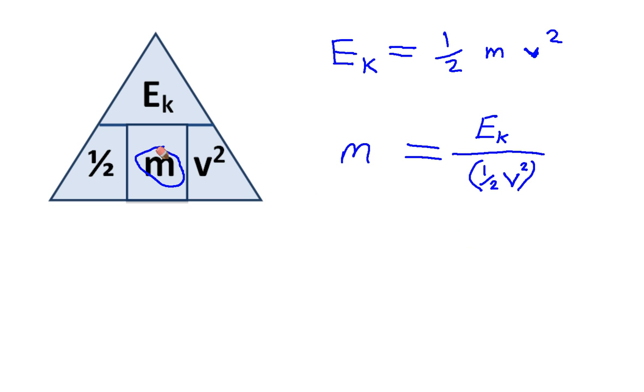Now the last one, if we want to work out the velocity, it's a little bit more complicated, because if we take the v squared here, okay, v squared is going to be equal to EK divided by half of m.